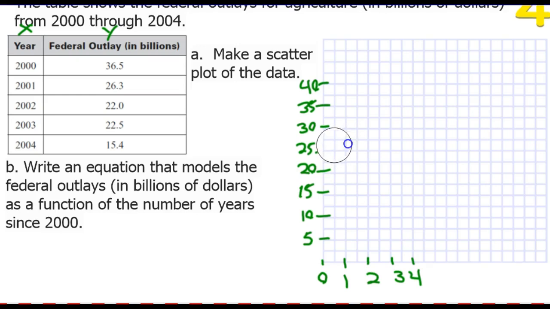Oh, wait, hold on. 36.5 is right there. 26.3 is right there-ish. 2002, it's 22. 2003, it's 22.5. And then 2004, it's 15.4.